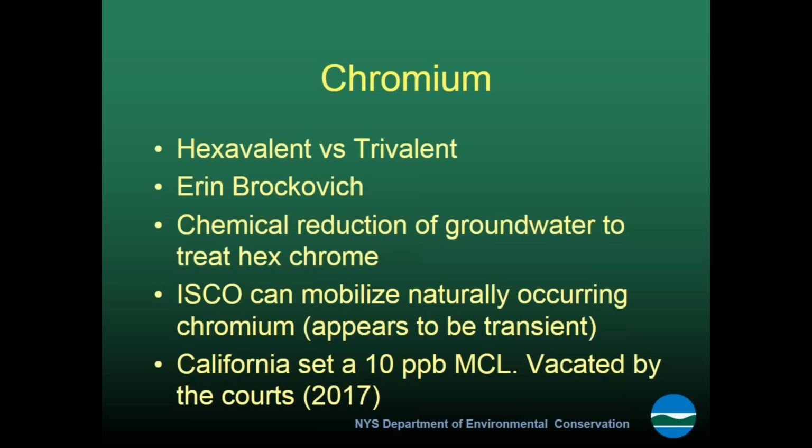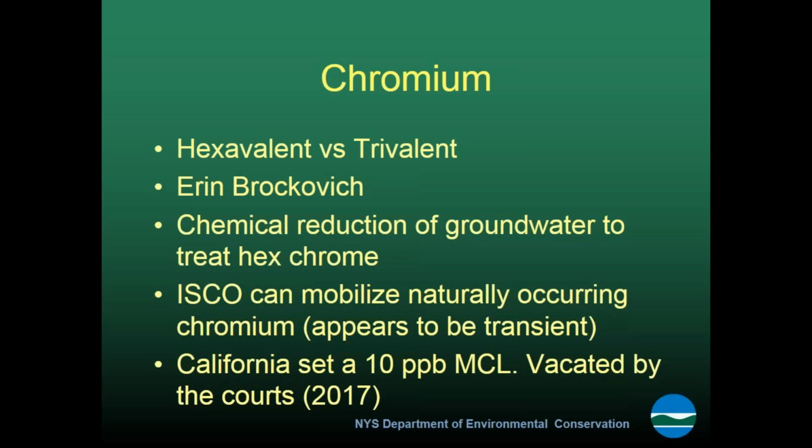Unfortunately, you can move that process in the opposite direction as well. And if you're using in situ chemical oxidation in soil that has naturally occurring trivalent chromium, you can mobilize the chromium. I've seen results for an ISCO project where the initial results before chemical injection was the chromium level in the water was 15-20 parts per billion.